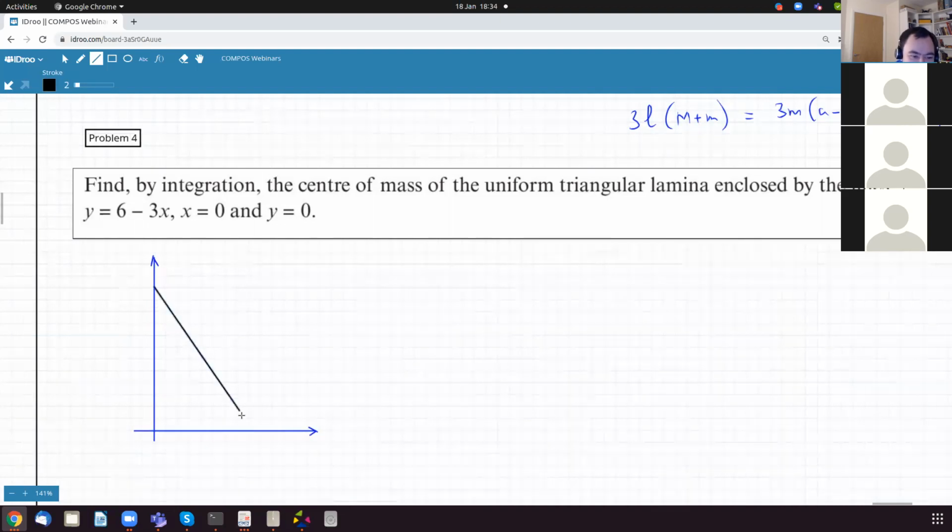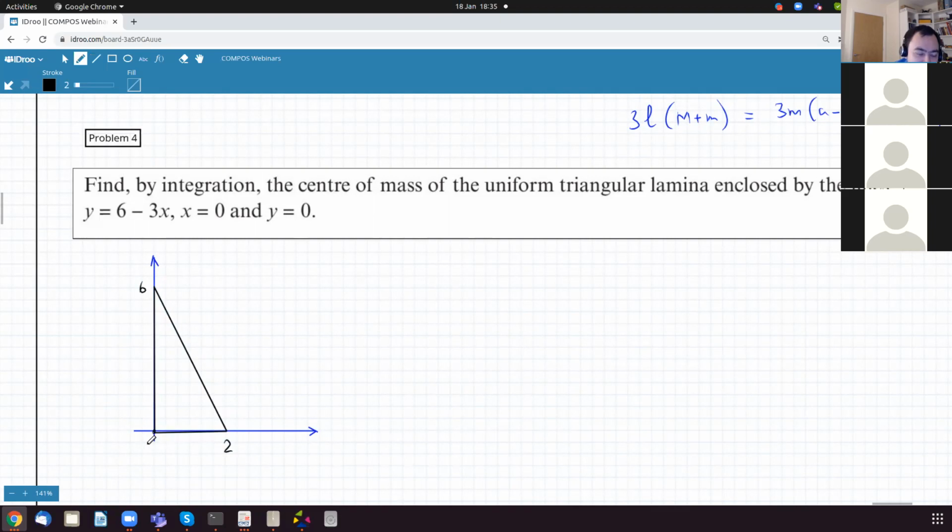So we draw the line 6 minus 3x. So obviously this is 6, this is 2, and the lines x equals 0 and y equals 0. So we get a triangle.